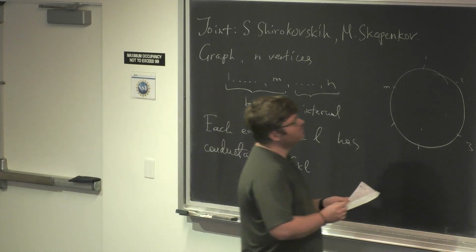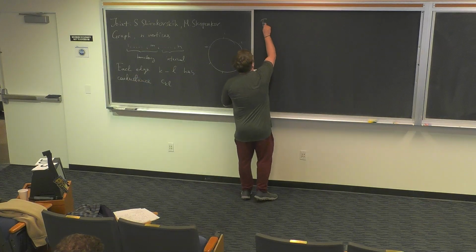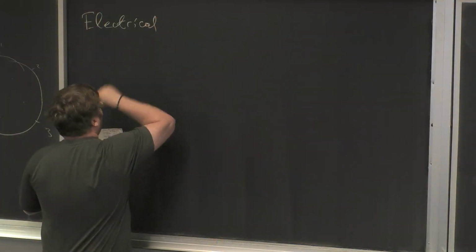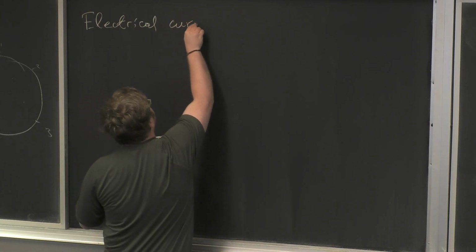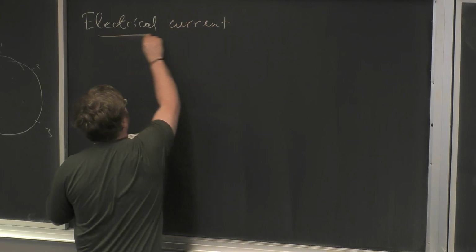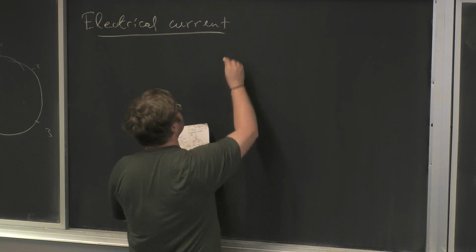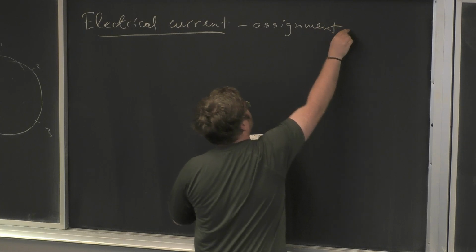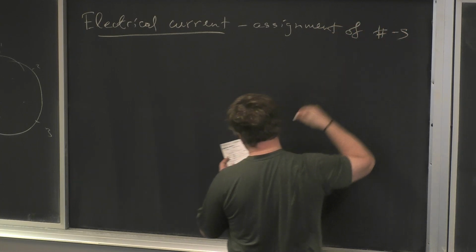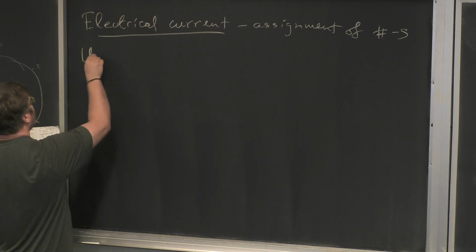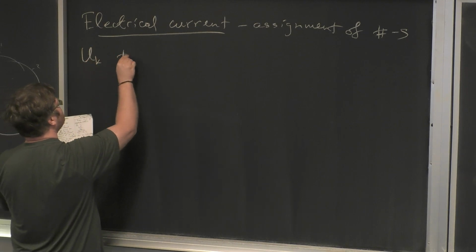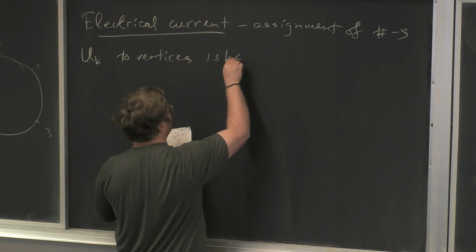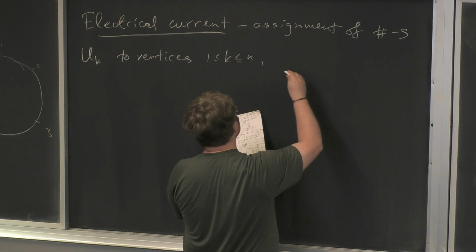And then our definition of electrical current will be like this. Electrical current is just an assignment of numbers U_K to vertices, to all of them, and those are called voltages.